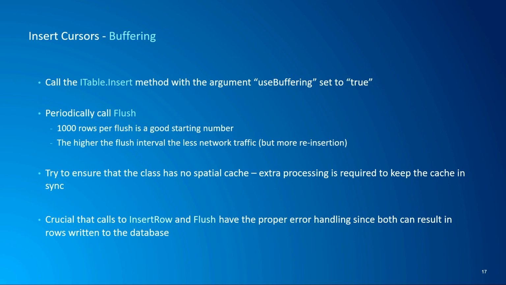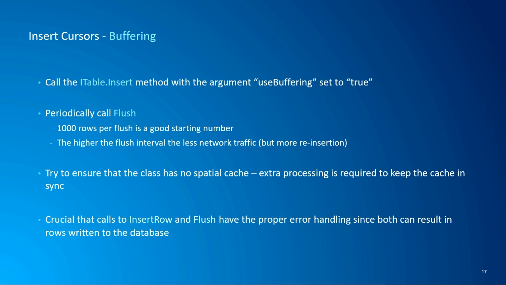Now, when do you want to have buffering? If you're inserting a large number of things, you want to batch them up before you communicate with the underlying database instance for persisting those features. So when you call insert on the iTable to get the insert cursor, you can set use buffering to true.